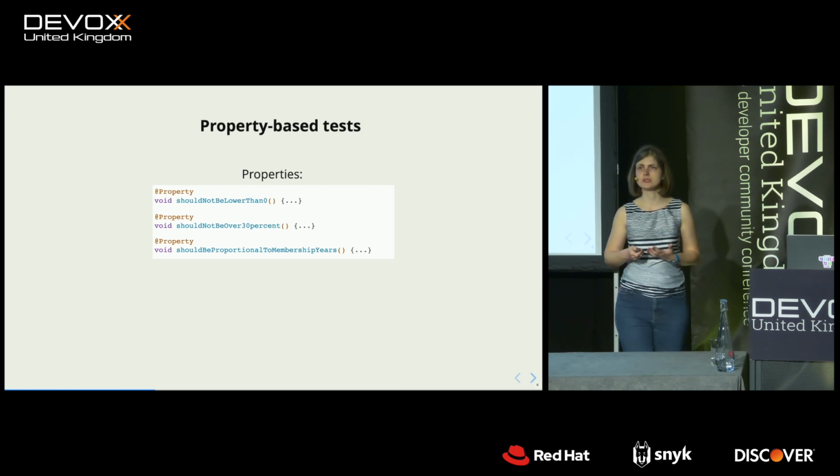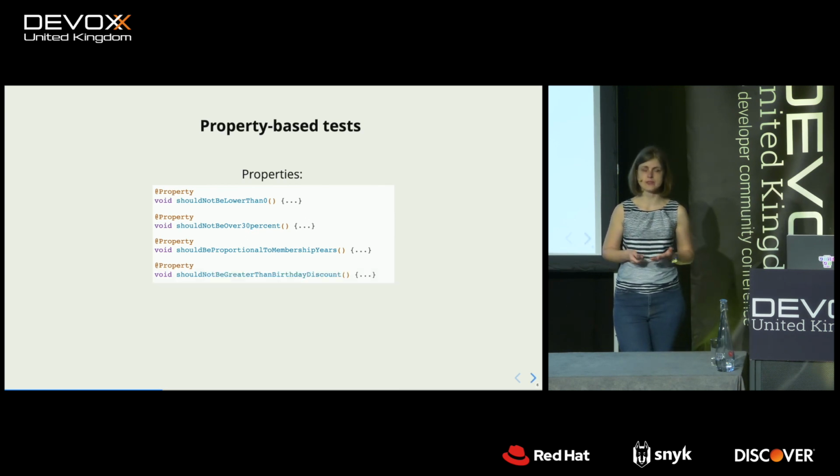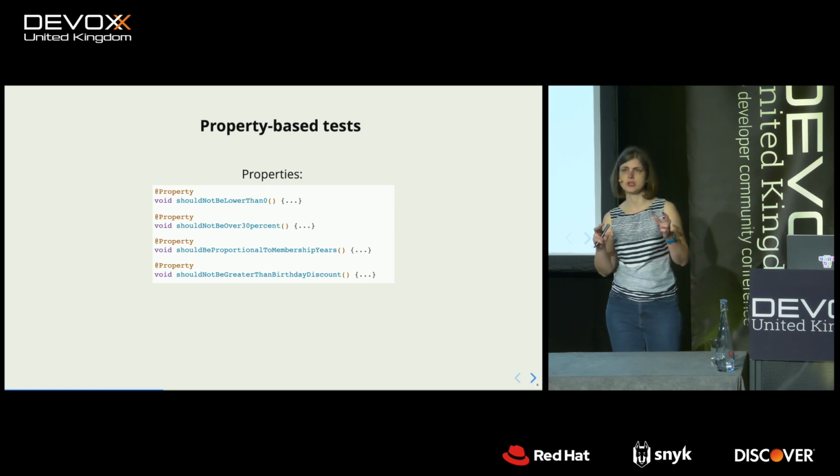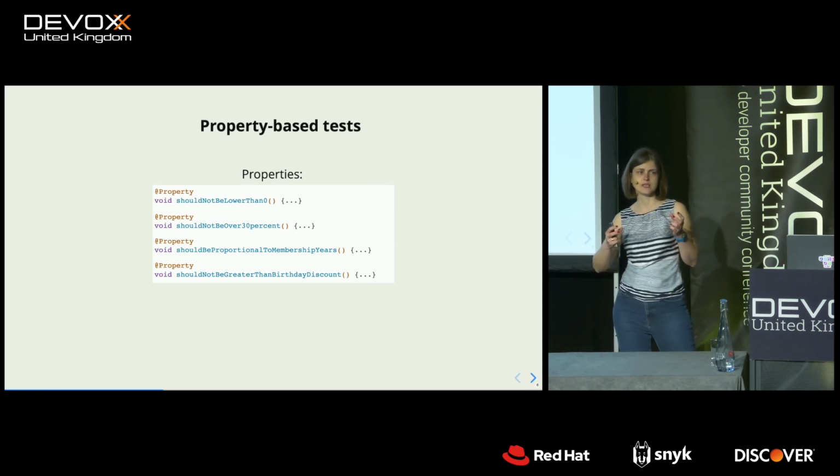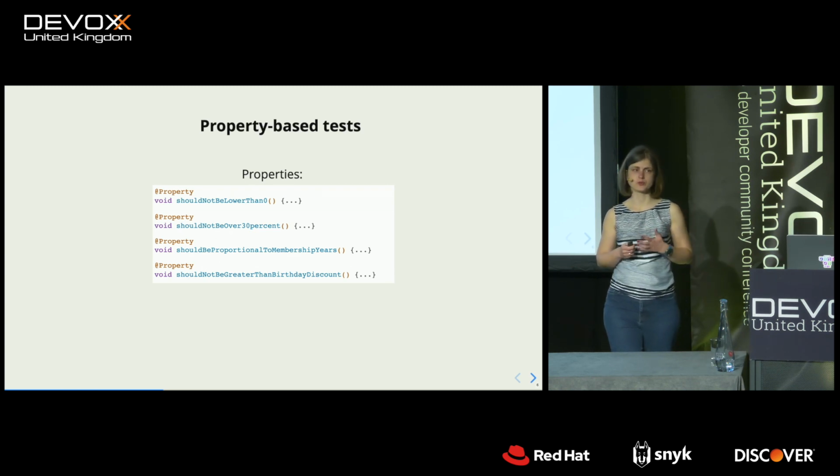And that's also a property that has to be always followed. And similarly, we can test the birthday discount. So if you have 2 customers, where one of them has a birthday, the other maybe doesn't, then the birthday customer gets the bigger discount. So this is a set of properties which could test our code pretty well. And we'll see that in the code in a minute.